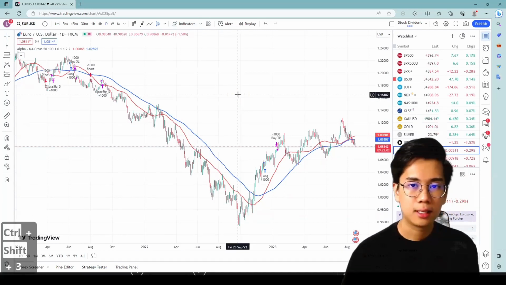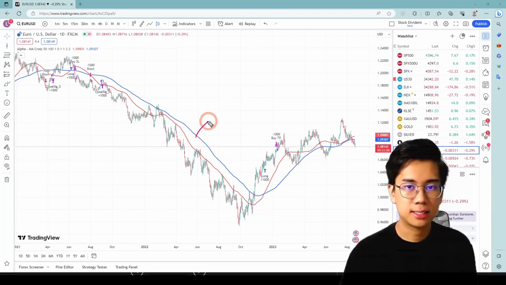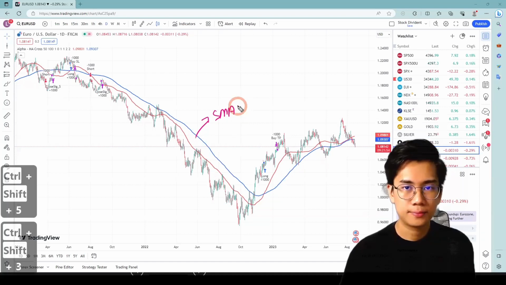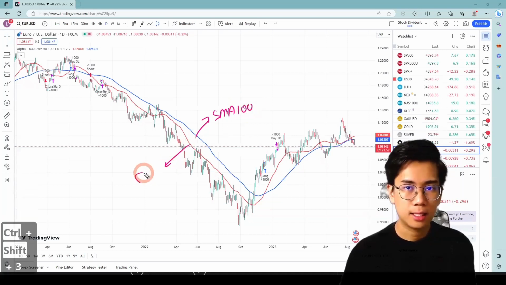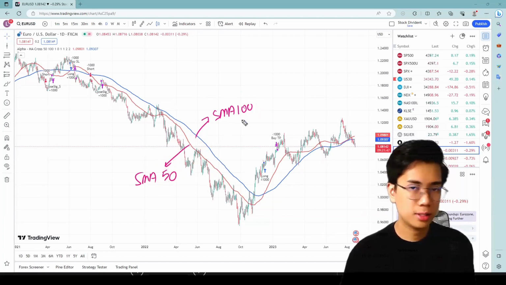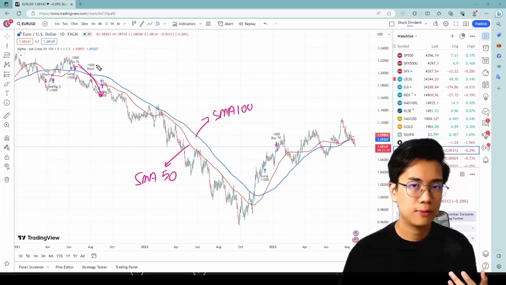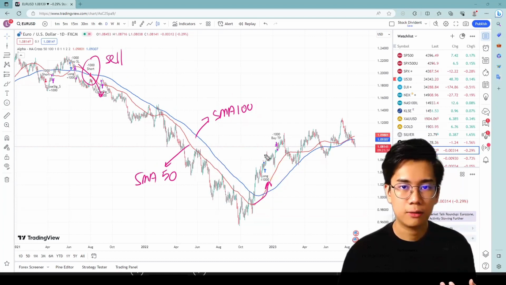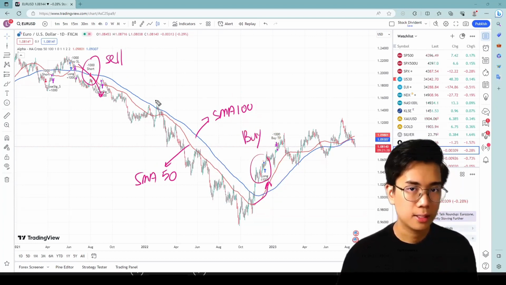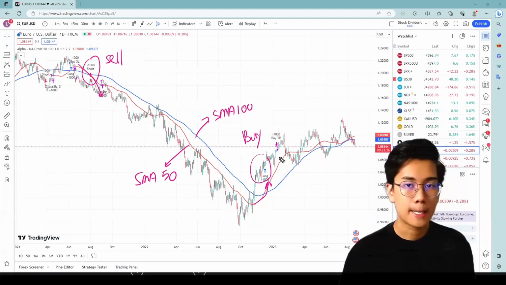By default, the setting that I set is SMA of 100 and SMA of 50. And the logic is the most basic one. As long as there is a cross below, it will do a short. Short means sell. When it crosses above, it will make a long, meaning it will make a buy trade. So cross down, short; goes up, buy.